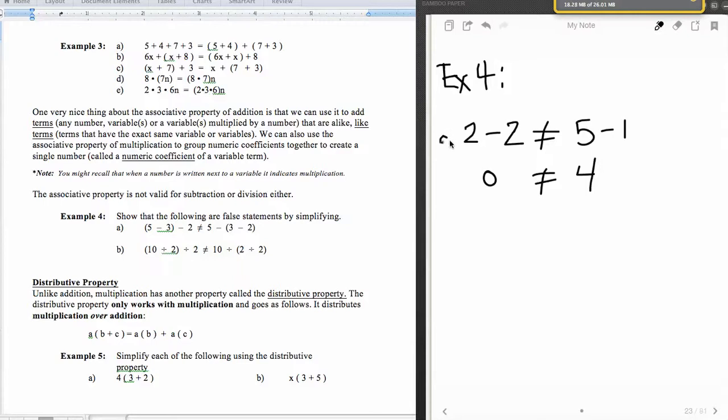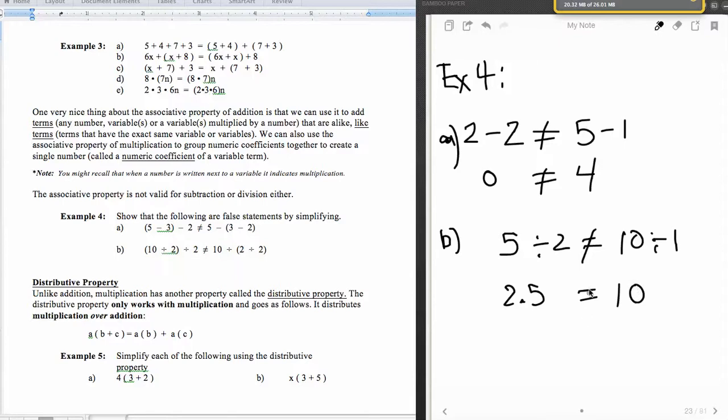And then the second part here, for part B, it doesn't work for division either. So 10 divided by 2, which is 5, and then 5 divided by 2, which gives you 2.5. And then we have on the other side 10 divided by (2 divided by 2), so this says 10 divided by 1, and 10 divided by 1 is 10, and we see 2.5 is not equal to 10.